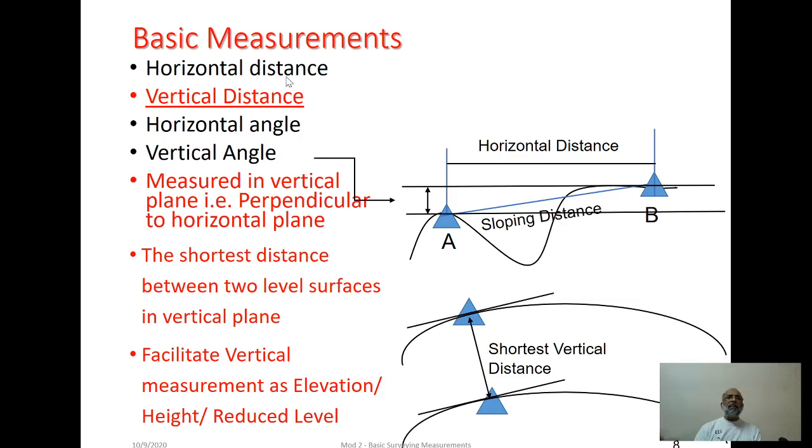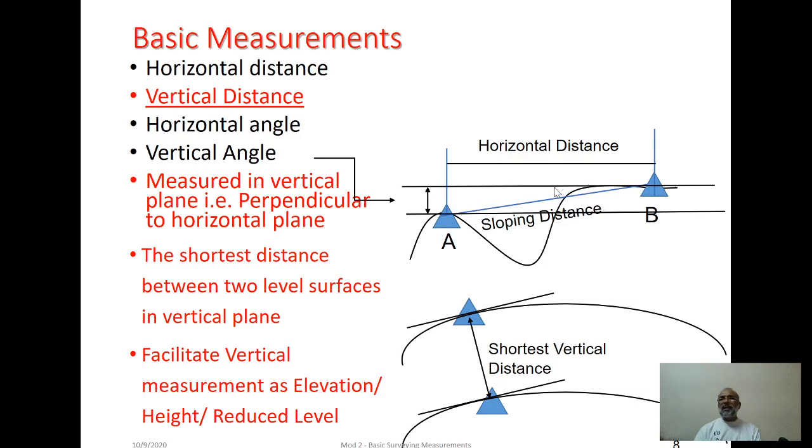The second basic measurement is vertical distance. As we discussed previously while discussing horizontal distance measurement, vertical distance is to be measured in the direction of gravity, which is nothing but the vertical line. Here, as you see, stations A and B are connected by a sloping line.